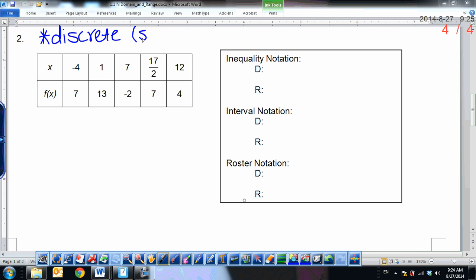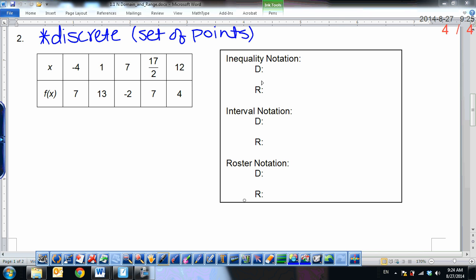Discrete data is just a set of points. There are jumps, a lot of jumps in the points. There are no pieces that you can draw with your pencil. Would you connect it with lines? Not when your information only gives you this data set.